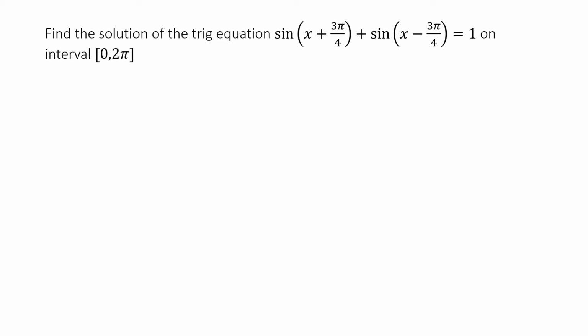Find the solution of the trig equation sine(x + 3π/4) + sine(x - 3π/4) = 1 on the interval 0 to π. Now we know our sine addition formula is sine(a ± b) equals sine a cos b ± cos a sine b.